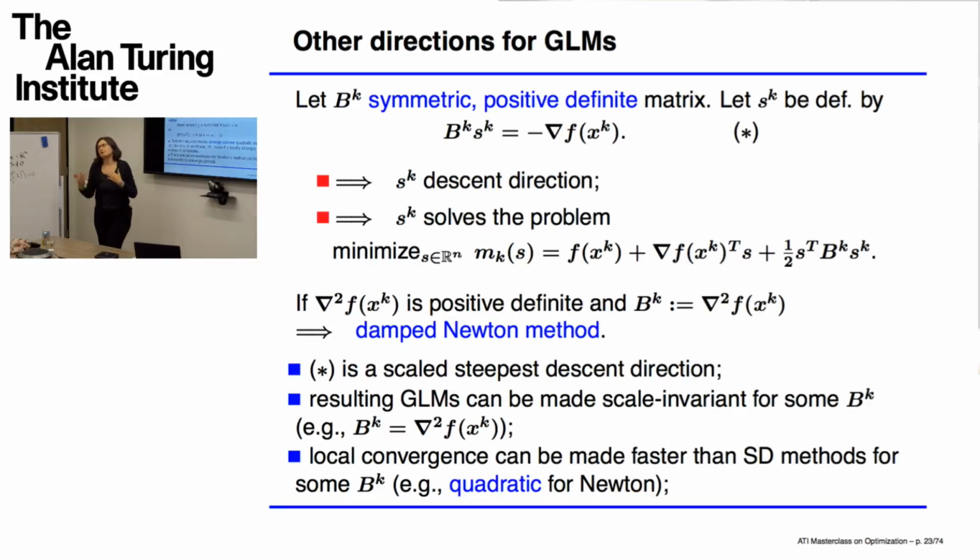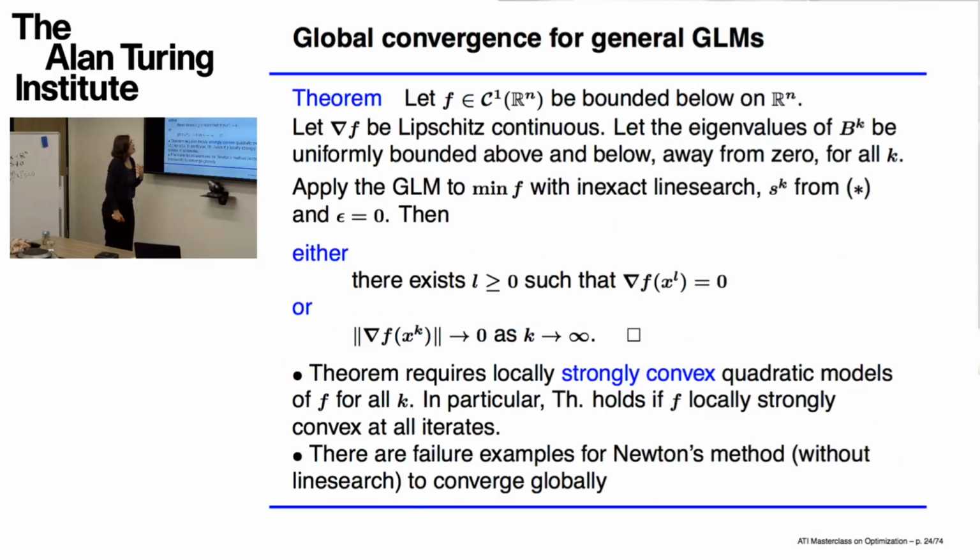Like before, I have a Lipschitz continuous gradient and so on. However, I have to have another assumption: that the matrix Bk that I have in my model, and use to calculate my direction in each iteration, has to be sufficiently positive definite. It has to be bounded above, okay? That's not such a restrictive condition because it doesn't require convexity or anything like that.